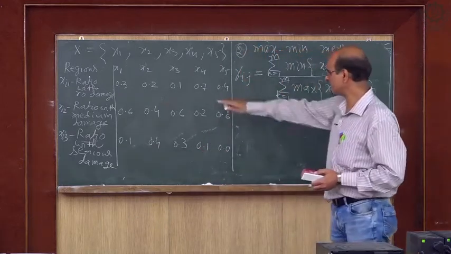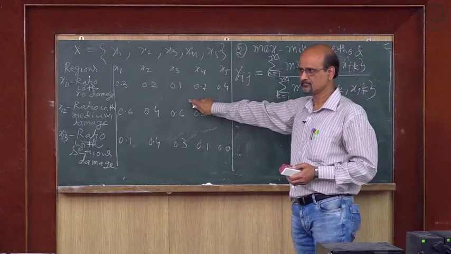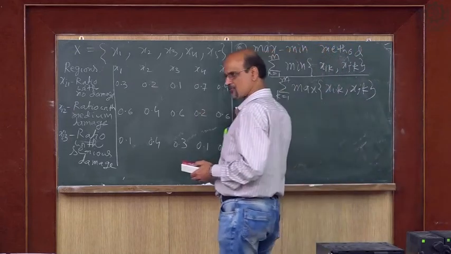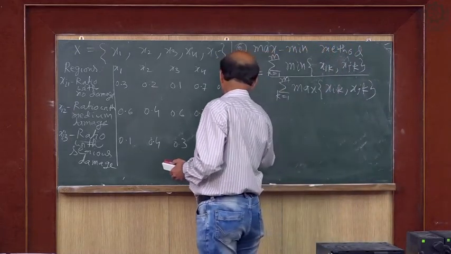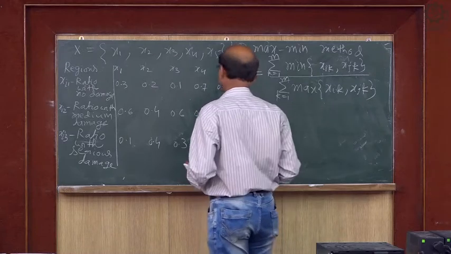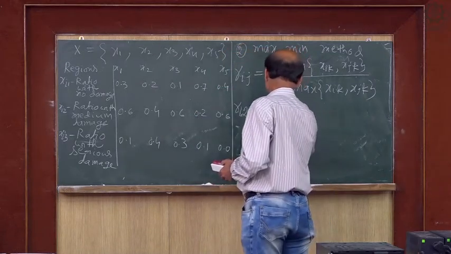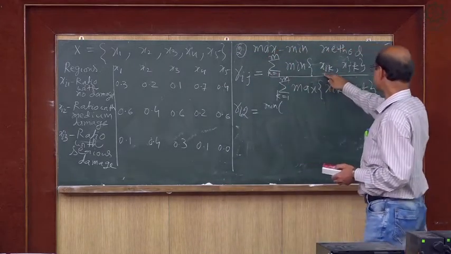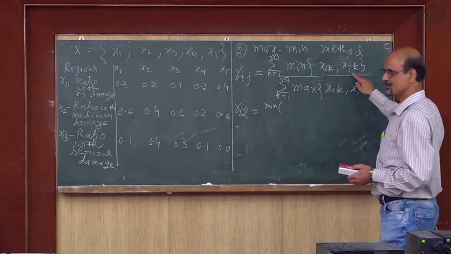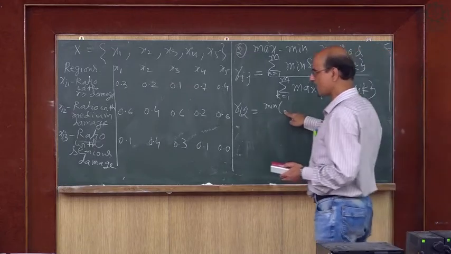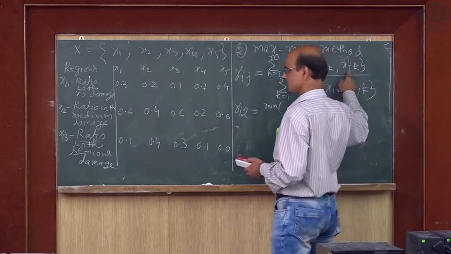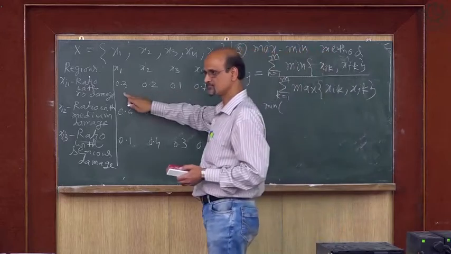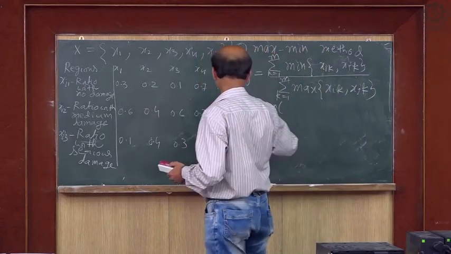Okay. So, if I do the same problem by this method, let us find R12 only. R12 will be what? Minimum of, see, R12 means it will be x1k and x2k. So, minimum of x11 and x21, that means 0.2.